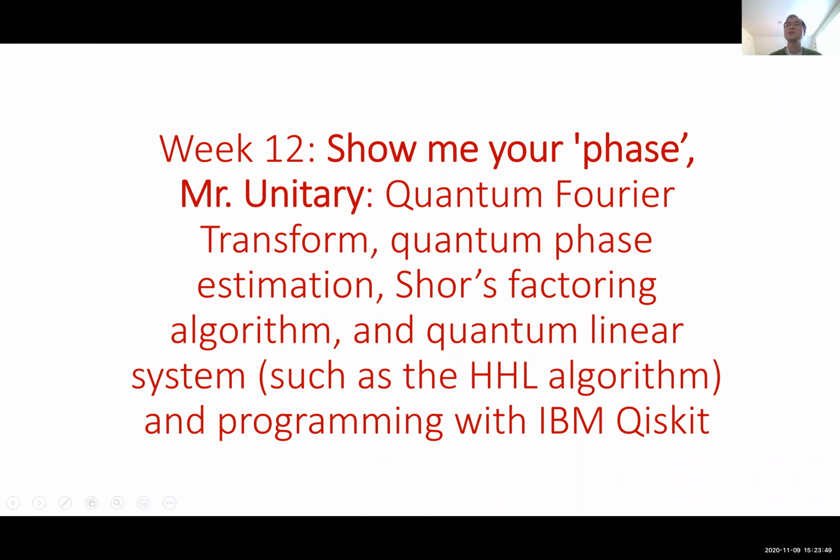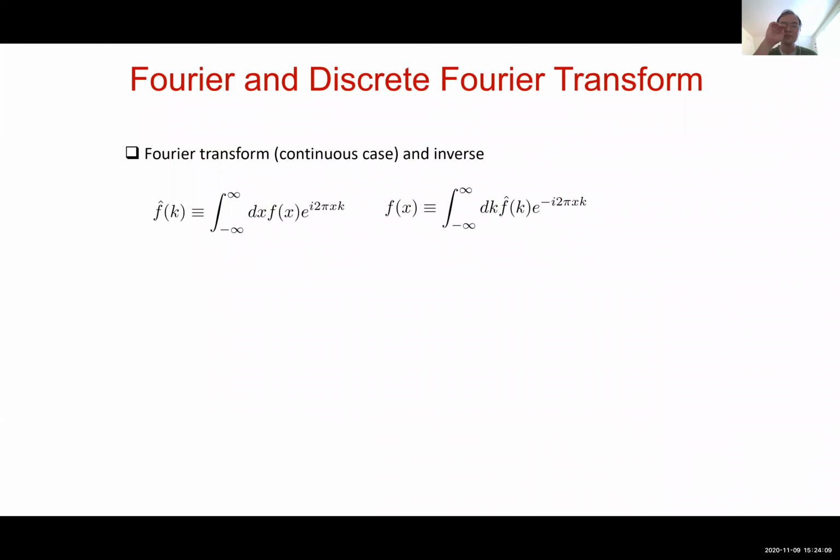So this week is about the quantum Fourier transform and phase estimation. This is the basic algorithm that can be used for factoring and solving quantum linear systems. Let me remind you, you have probably seen the Fourier transform of a function, with an exponential of 2 pi i x times k.